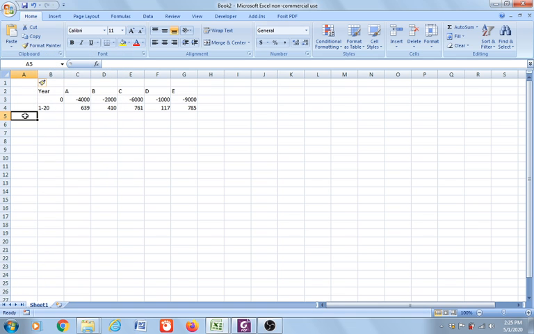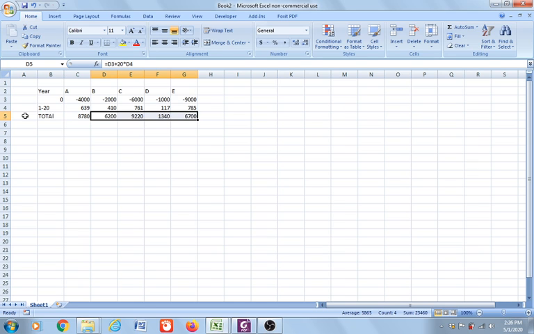So total is just a simple total. So this will be minus 4,000 plus 20 times the cash flow. Okay. So that is the total cash flow.